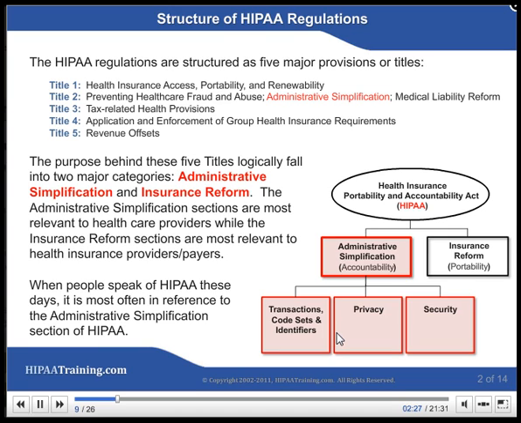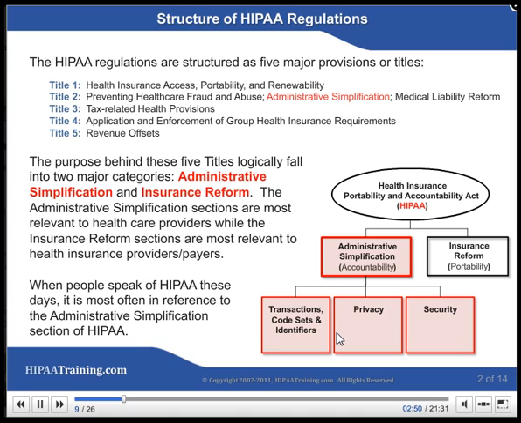Title 3. Tax-Related Health Provisions. Title 4. Application and Enforcement of Group Health Insurance Requirements. Title 5. Revenue Offsets.